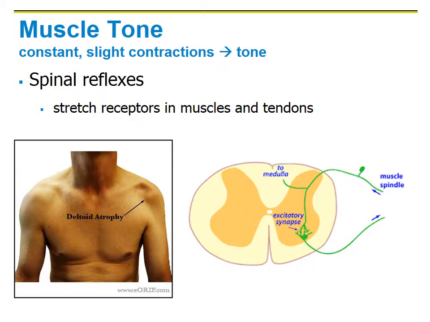This constant and slight contraction is muscle tone. Tone keeps blood flow going through a muscle and is a force that stimulates myofibril maintenance. When paralysis occurs, that tone is lost. We then see the muscles degenerate and weaken as that stimulus for myofibril maintenance is lost, and the cells slowly break down the myofibrils over time.